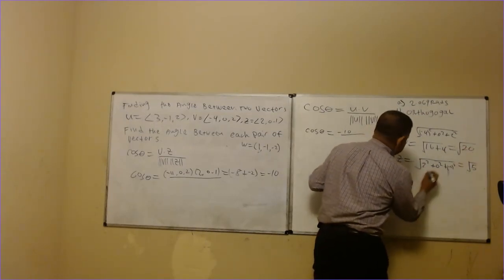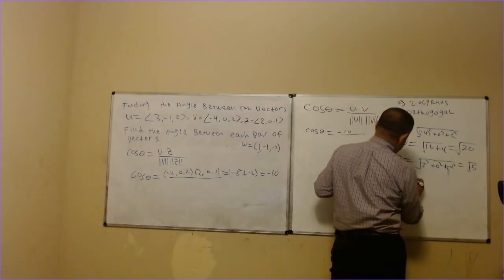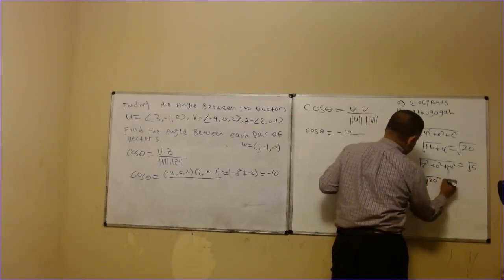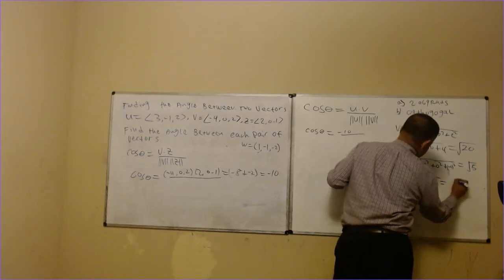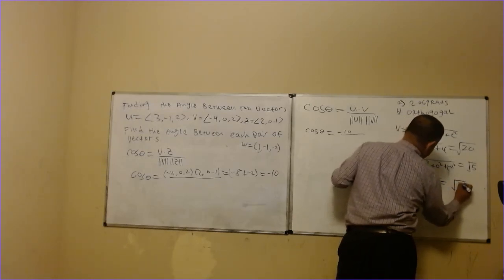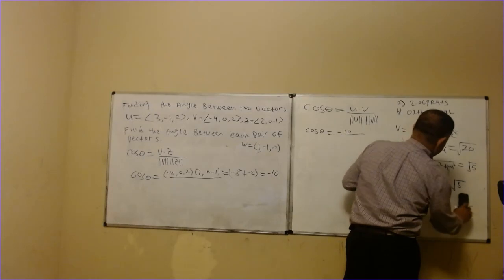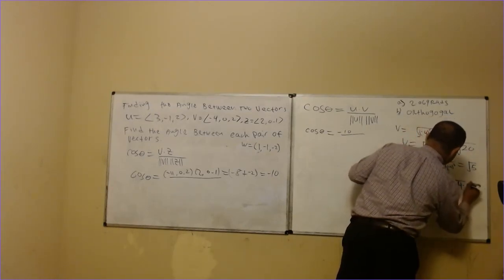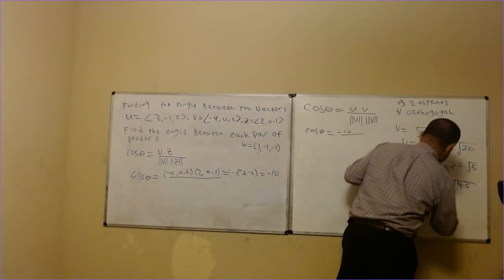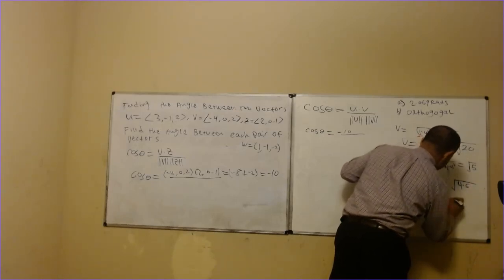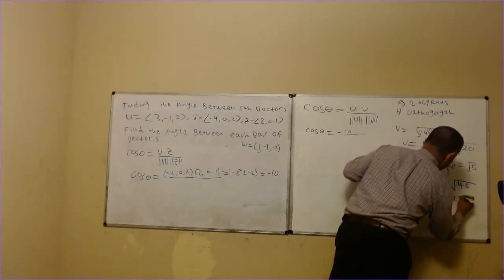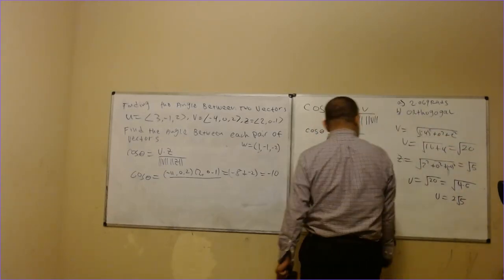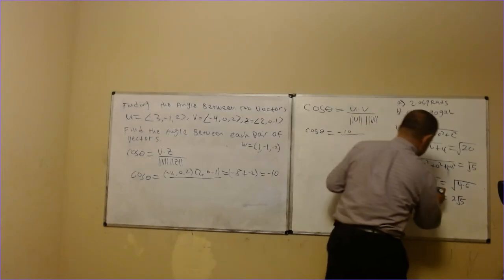So in the case of this, V is equal to the square root of 20. Again, I do 20, so I do 4 times 5. Take the square root of that, and I get that V is equal to 2 radical 5. Okay, so I have these numbers that I can work with.